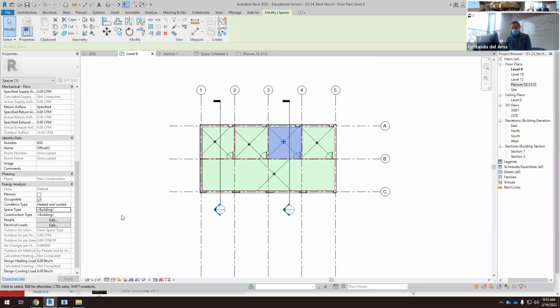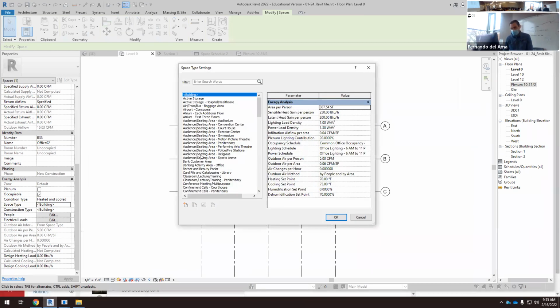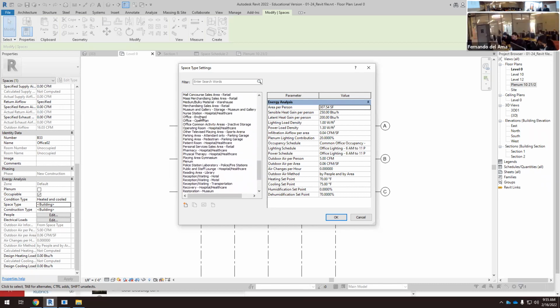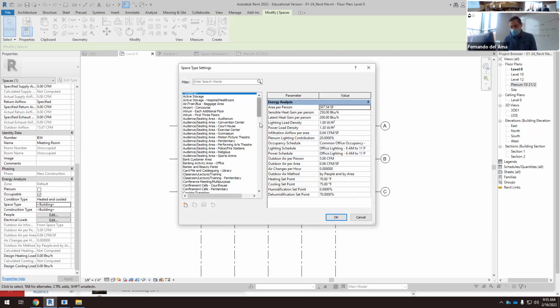Okay, Office 2, I can select space type. I can select Office. Which office? Office enclosed. This is a meeting room. Okay, I would select Office enclosed as well.